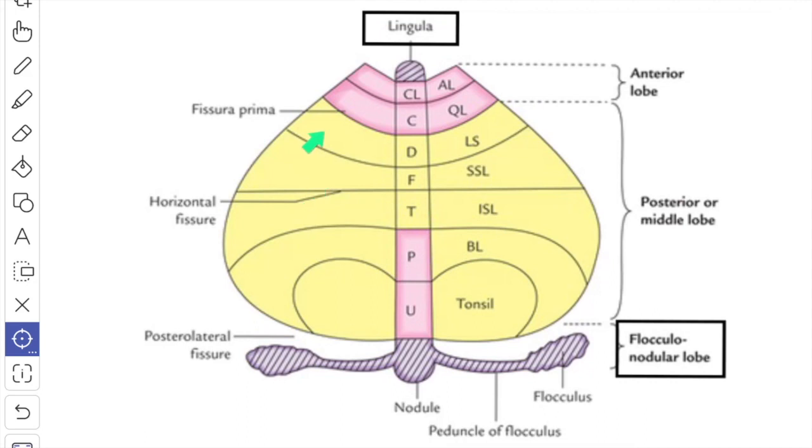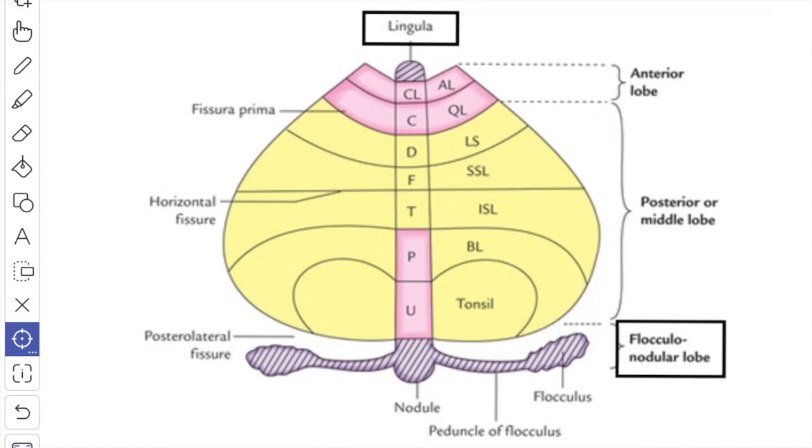So this is the superior surface and this is the inferior surface. So next we'll see the various subdivisions or the lobules of the vermis and the cerebellar hemisphere. So the fissura prima divides the cerebellar hemisphere into anterior lobe and posterior lobe.